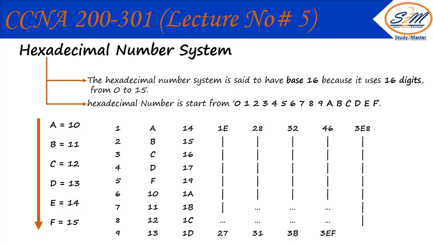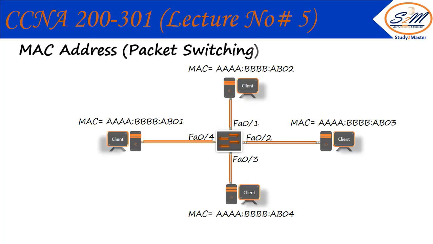But after 9, we use A, B, C, D, up to F. So this is the format of a hexadecimal number. That is why I mentioned to you that the MAC address is based on hexadecimal numbers. Internet Protocol version 4 is based on decimal numbers, or this dotted decimal.